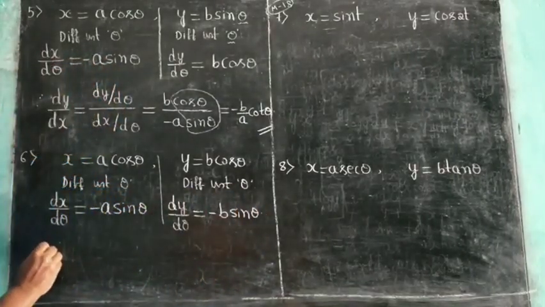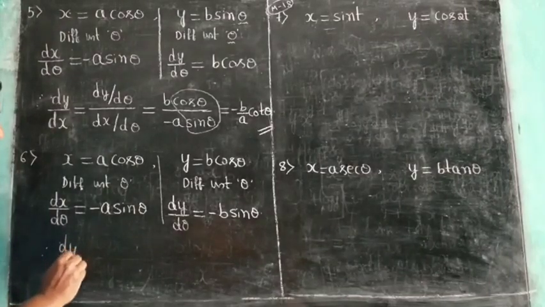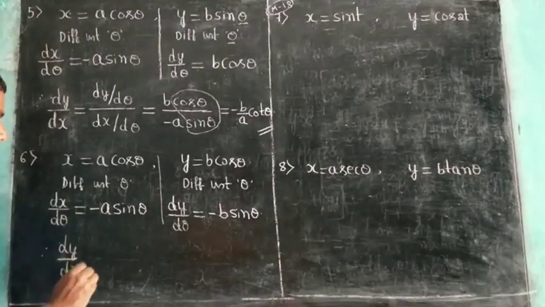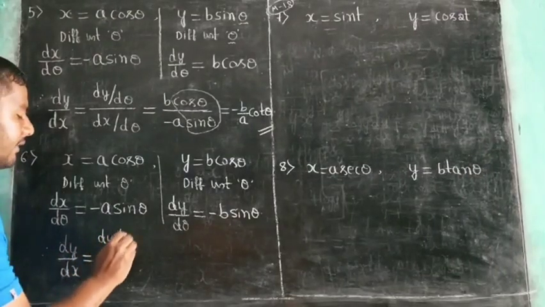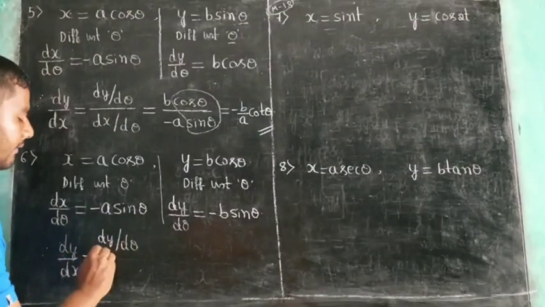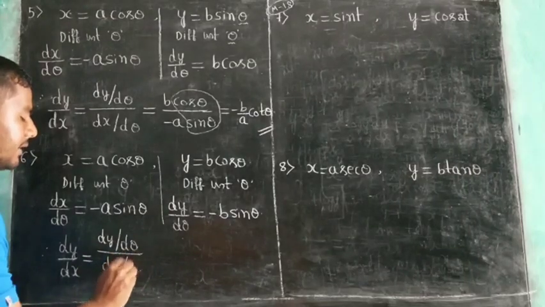So write down the formula, that is dy divided by dx is equal to the formula dy divided by d theta whole divided by dx divided by d theta.